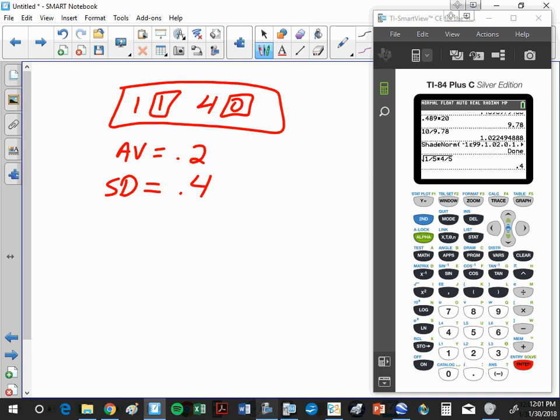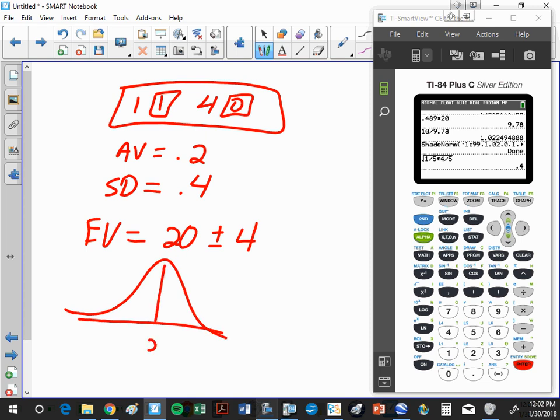All right, so we're going to make 100 draws. So the EV, I'm sorry, the EV is 20 plus or minus 4. Everybody follow that? Okay. So we want to know how many of them will get 12 nines. So this is 20. Okay.